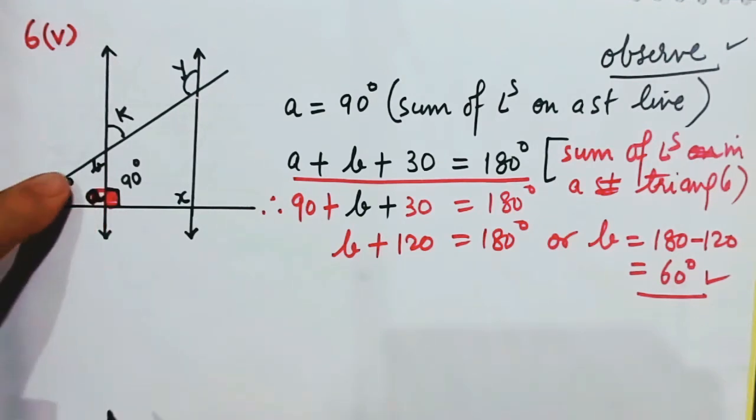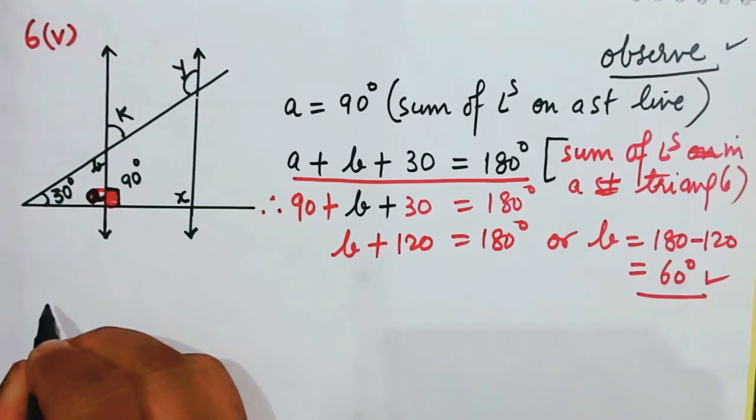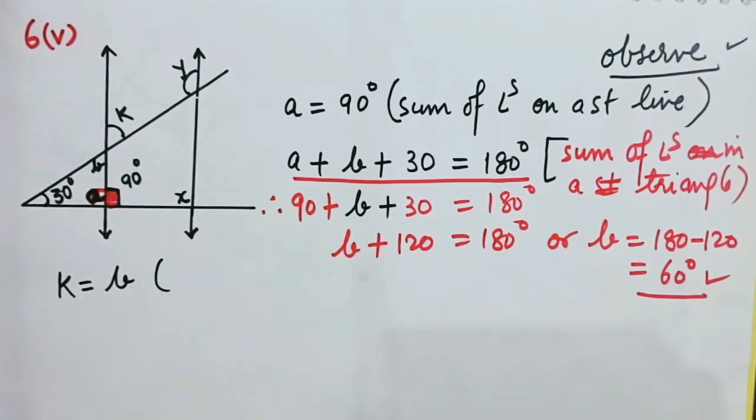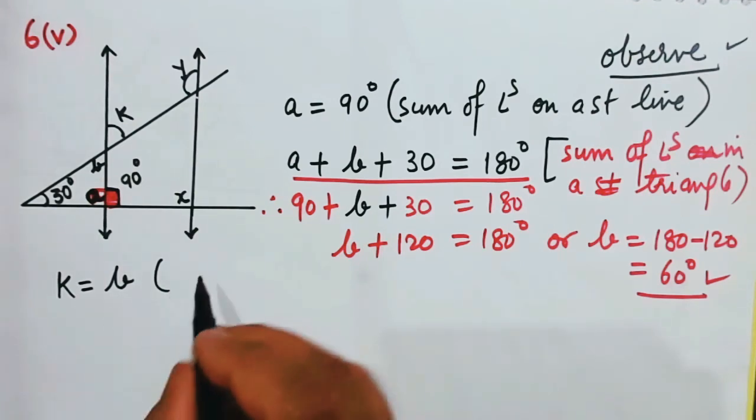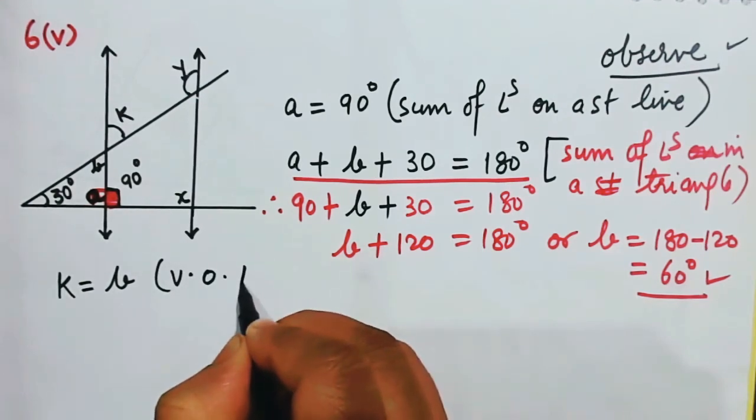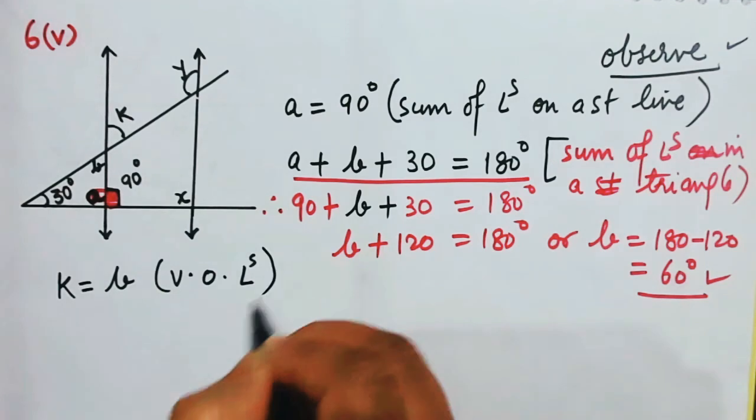Now, as soon as I found the value of B as 60 degrees, the value of K will be equal to B. Again, you will have to give a reason. Why? Because they are vertically opposite angles, isn't it?